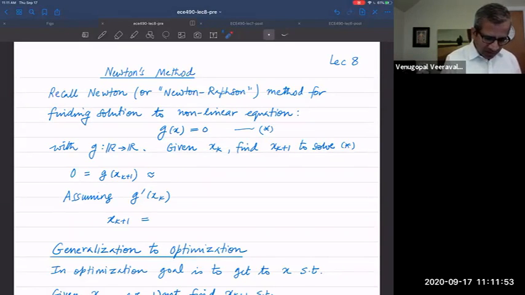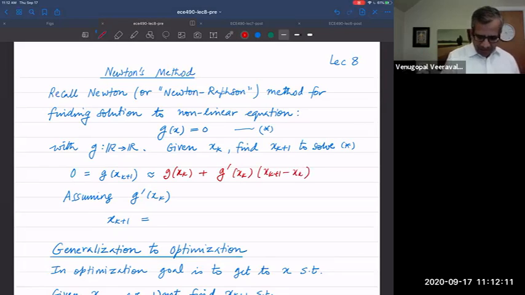So you write g of x_{k+1} as g of x_k plus the gradient at x_k times x_{k+1} minus x_k. And the goal in Newton's method is that at each stage of the iteration, you want to make g at that iterate as close to 0 as possible, right?